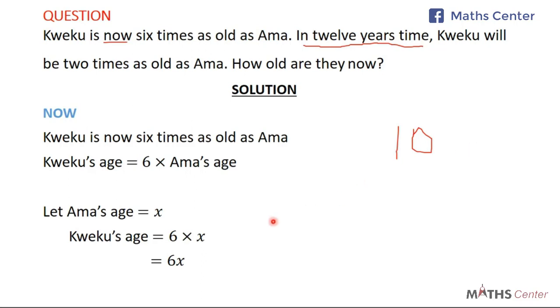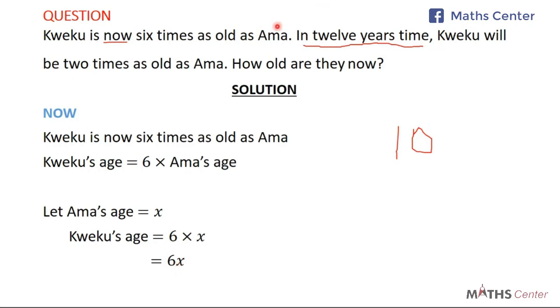So if Amma is x years old now, in 12 years' time she will be her age now, which is x, plus 12. In the same way, if Kweku is 6x years old now, in 12 years' time he is going to be 6x plus 12. Whatever age you are now, in 12 years' time you are going to be that age plus 12 years. I hope that is clear.